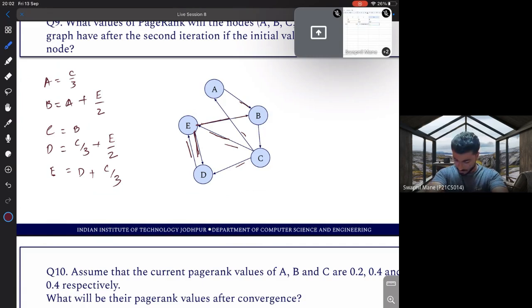So here D plus C divided by 3. So these are the values you can say.